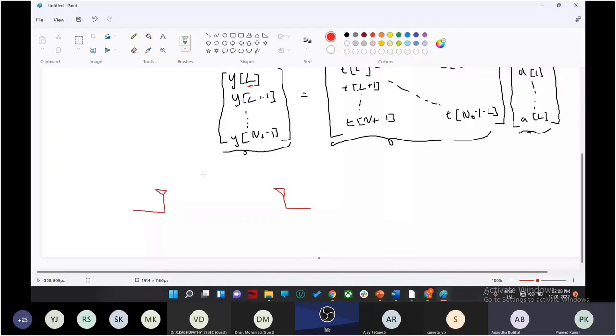Let me consider this as some door, and this as a car. This will be the line of sight, and this will be the reflected path.